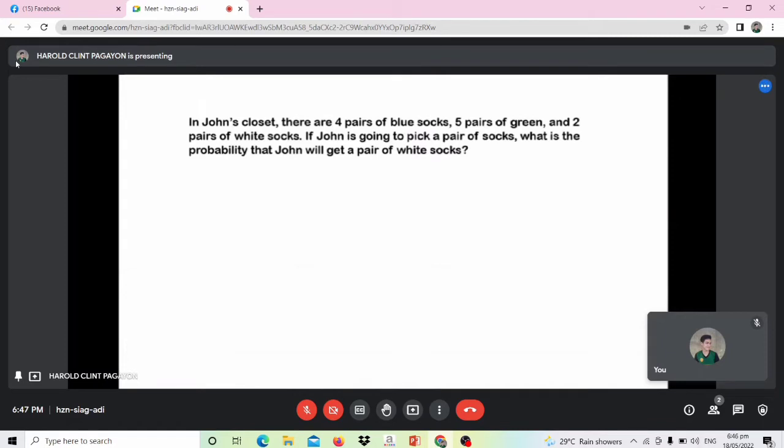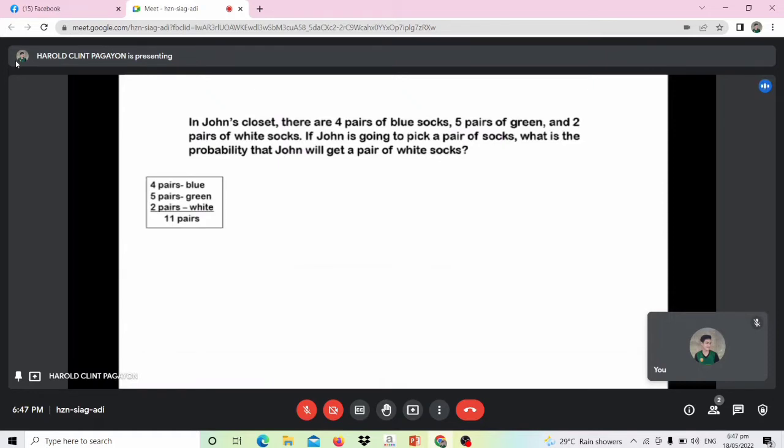Another question. In John's closet, there are 4 pairs of black socks, 5 pairs of green, and 2 pairs of white socks. If John is going to pick a pair of socks, what is the probability that John will get a pair of white socks? Again, what we are going to do is write down the given values.